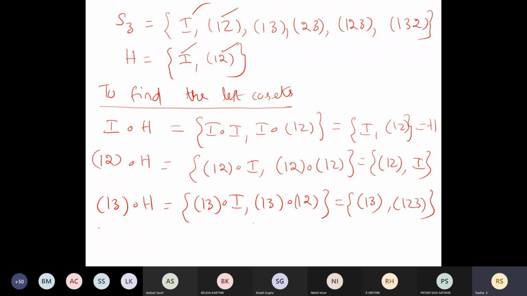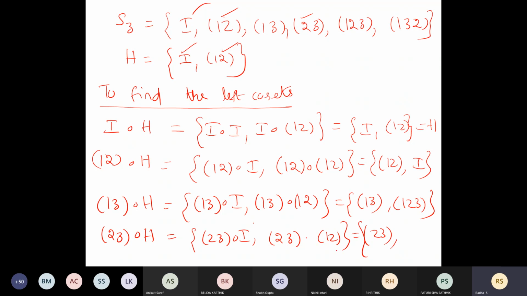Then I'll take (2 3). (2 3) composition H. That is (2 3) composition I, comma (2 3) composition (1 2). So the first one is (2 3), very obvious. Can you find the second one? (2 3) composition (1 2).